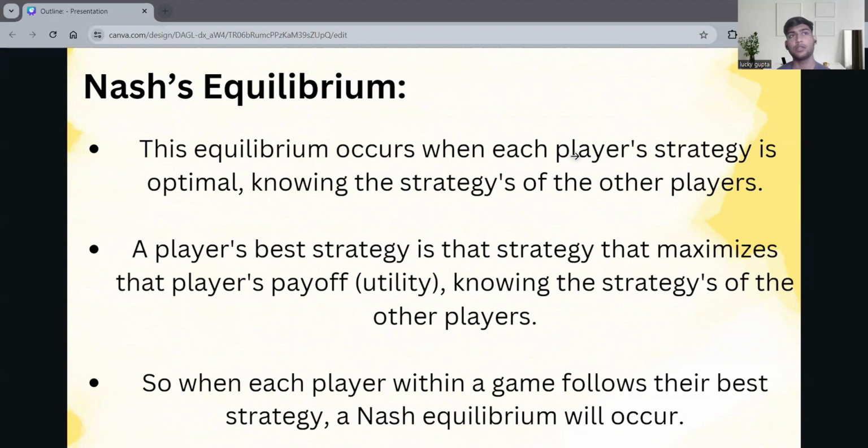Each player takes the strategy in such a way that it maximizes his or her profit, given the strategy of the other. So when each player sticks to their strategy, we have an equilibrium. For example, if Ted and Bill each take the strategy best for themselves, this is a Nash equilibrium.